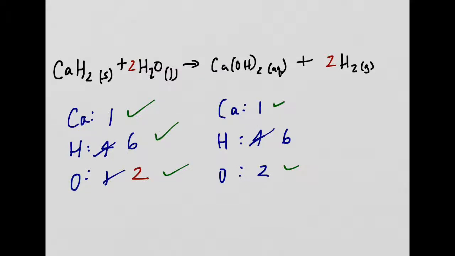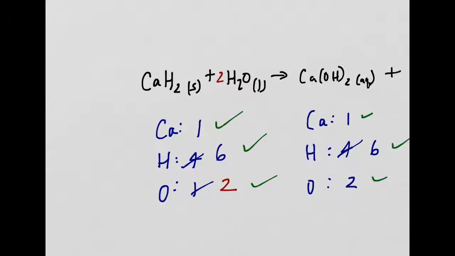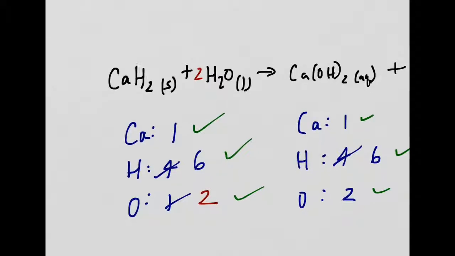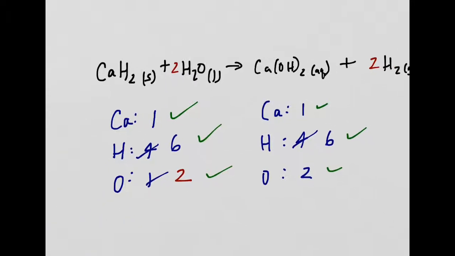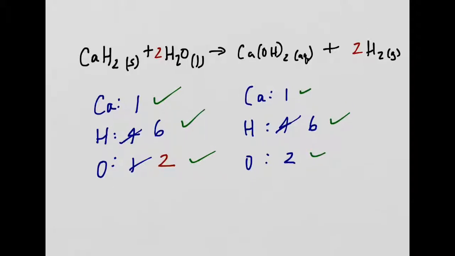Now, lo and behold, those work out. And since I avoided messing with the calciums, I know my calciums are still intact in terms of the law of conservation of matter. So there you have it. You have the 2 in front of the water, 2 in front of the hydrogen, and that balances your equation.